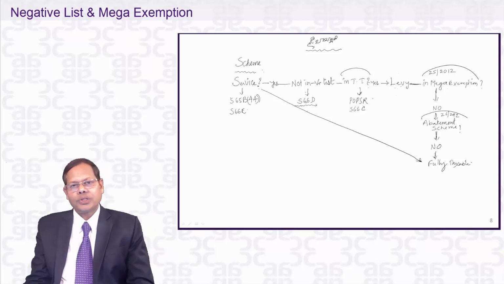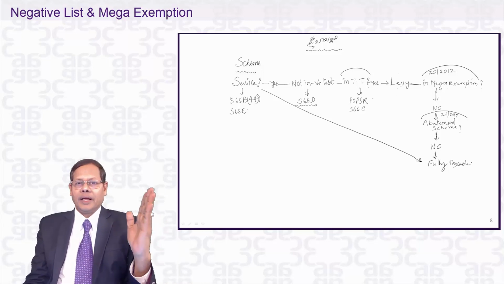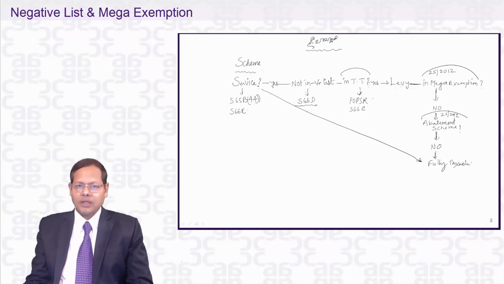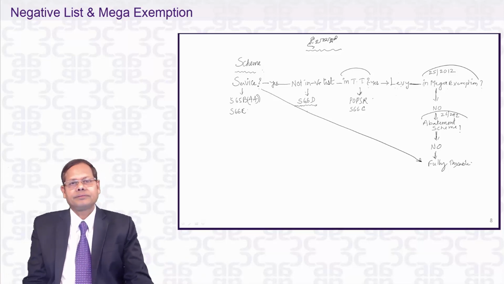From the examination point of view, negative listed services are very, very important because you get practical questions, and also you should have the knowledge of mega exemption. In the negative list there are only 16 services, but what about mega exemption? There are as many as 47 entries.